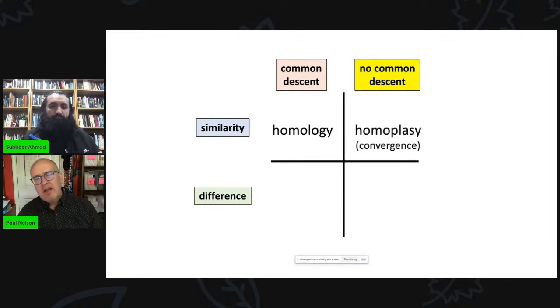So the contrast, of course, as I showed a moment ago with the other cartoon, is homoplasy, or using a perhaps more familiar term, an earlier term, convergence. These categories are familiar. So you have similarity caused by common descent, or similarity where there is no common descent, but perhaps natural selection has driven a morphology, let's say, towards a particular form.